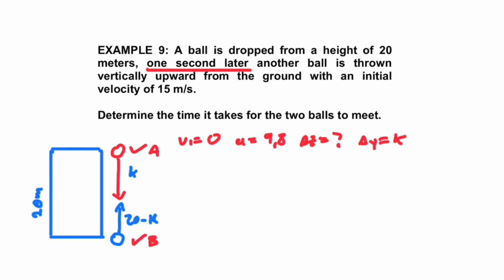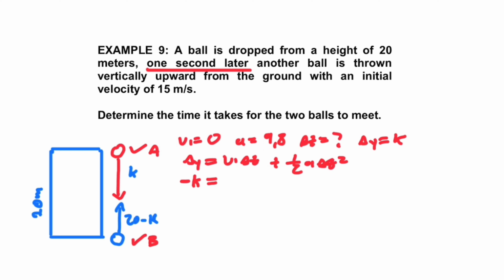I think that is all we need to see that we can use our equation delta y is equal to vi delta t plus a half acceleration delta t squared. The displacement will be minus k meters because we are taking up as positive. So everything going down should have a negative sign.